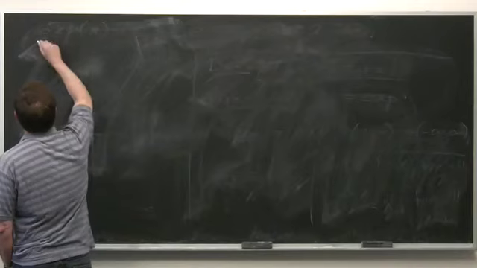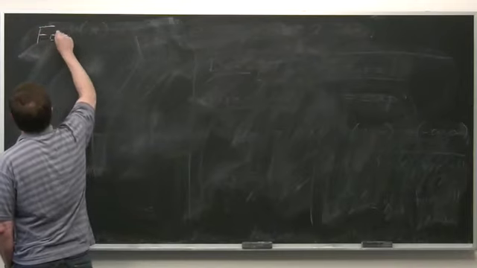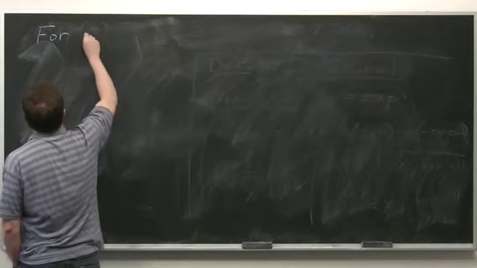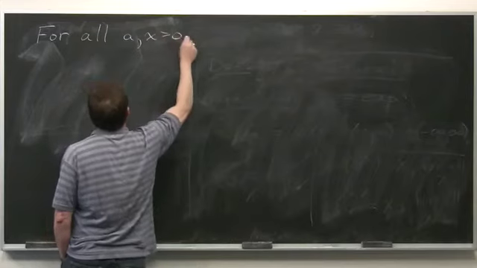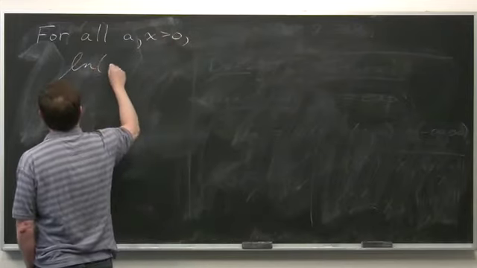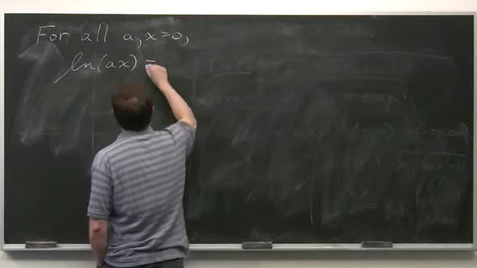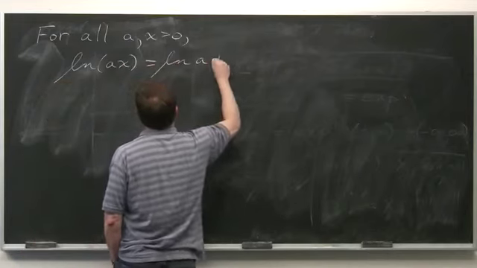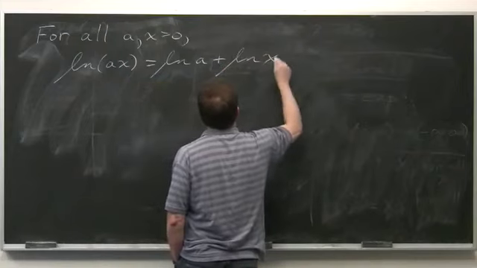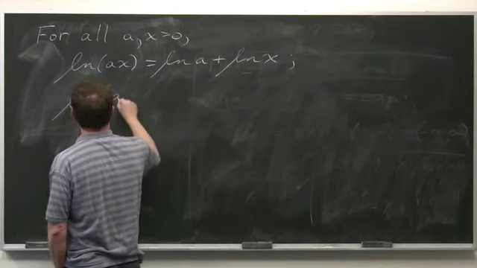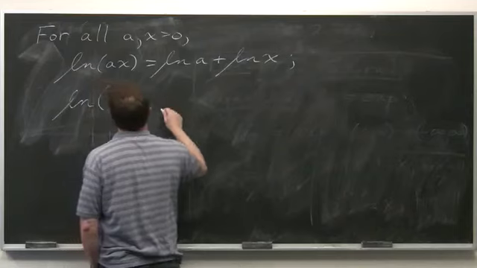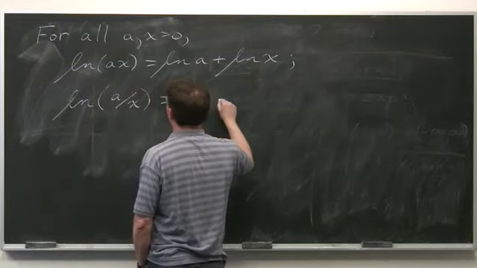But let me just go ahead and say that the big two or three algebra properties we care about: for all a and x greater than 0, the natural log of the product is the sum of the natural logs, and the natural log of the quotient is the difference of the natural logs.